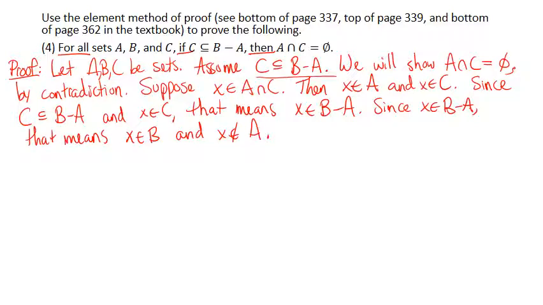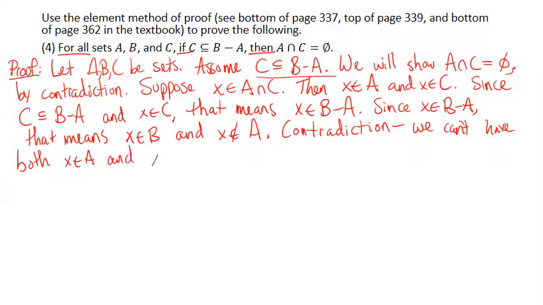That's very helpful because that's our contradiction right there. We can't have both X is an element of A and X is not an element of A. So that means our supposition was wrong.